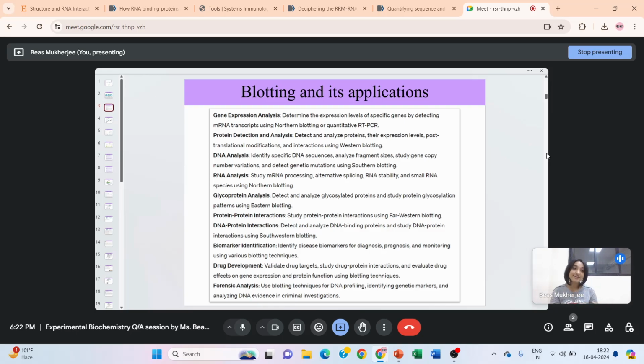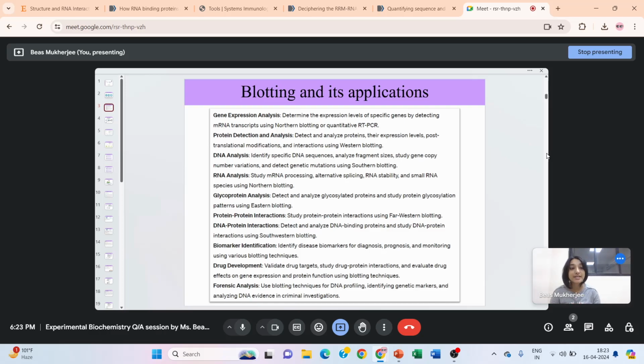Whether a particular gene is expressing or not under a particular condition, let's say cancer cell versus normal cell, what kinds of genes are getting upregulated and what are getting downregulated, you can find out using Northern blotting or quantitative real-time PCR.